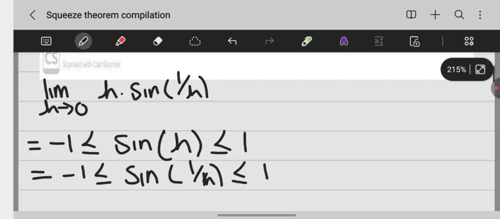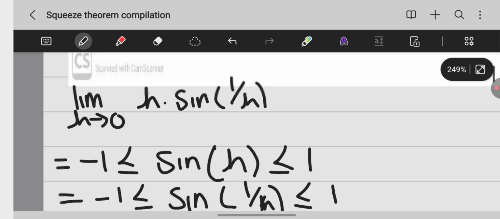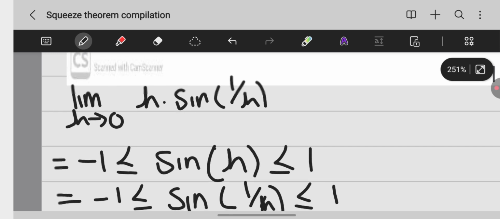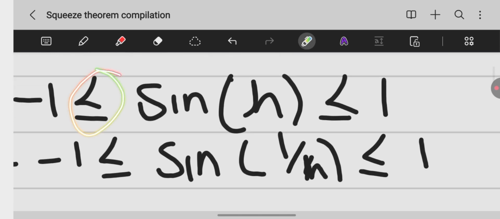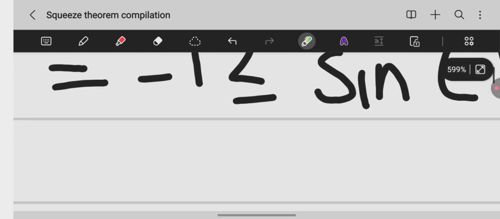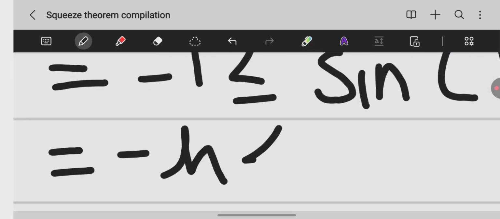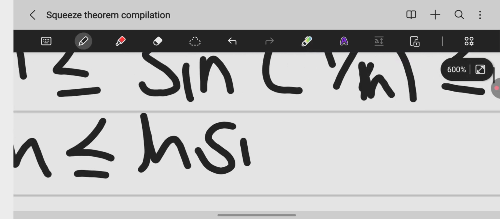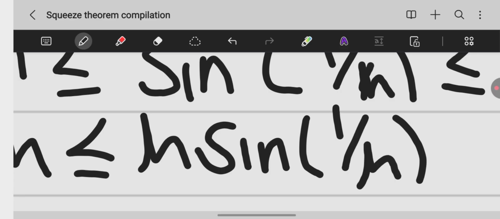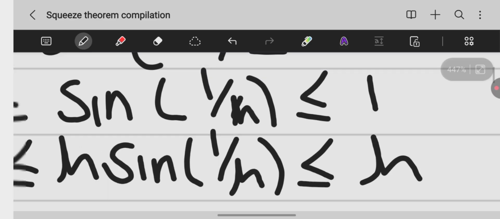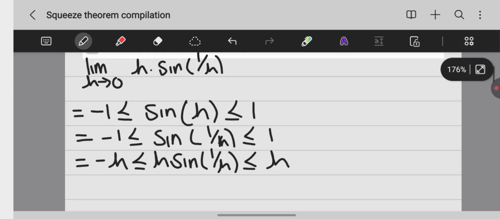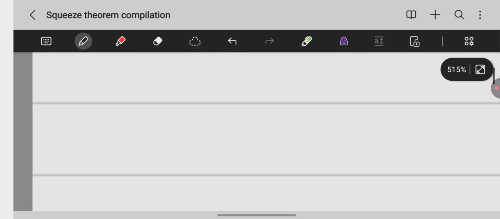And then I think we're supposed to multiply by h. Because we're multiplying by a positive h, that would mean our inequalities do not change direction. So you would have negative h less than or equal to h sine 1 over h less than or equal to h. And because our middle looks exactly like the given function, that would mean we can now start with the squeeze theorem.